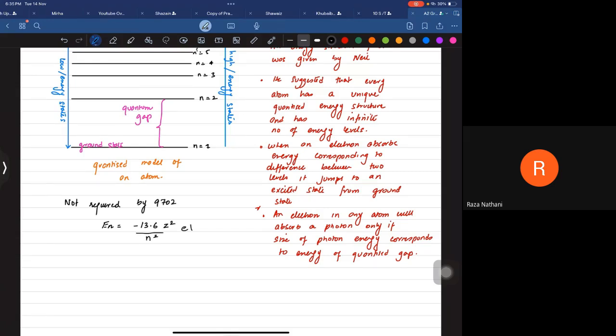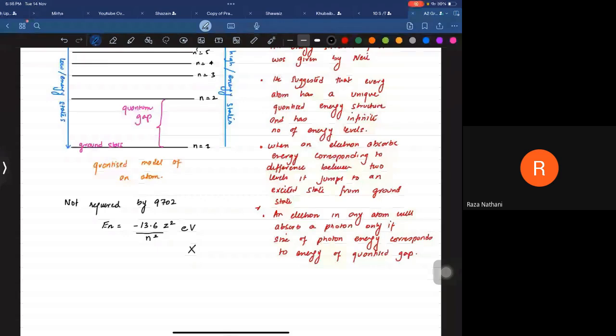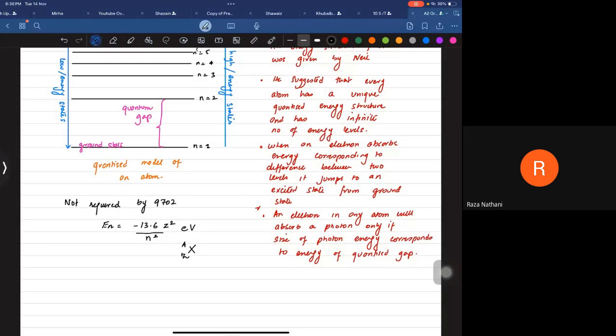So it will give you an eV value, where Z and n are basically, if you look at any element, it has an atomic number and proton number like that. So you can put it inside Z, and then for every energy gap, for every n value, you can find the state. Is it clear, everyone? This is just for your own information, for the tests of universities. Otherwise, it's not required by this syllabus.